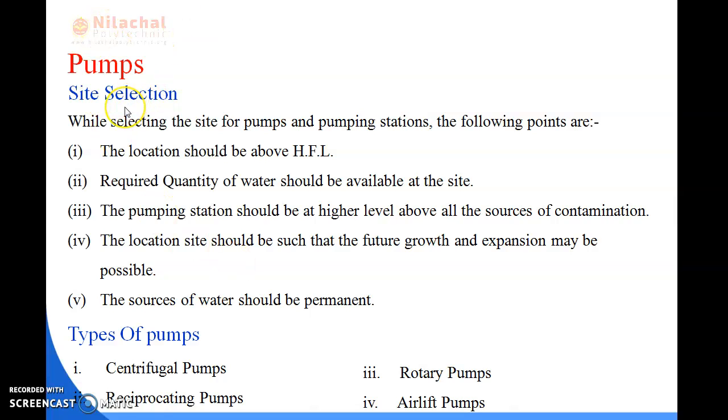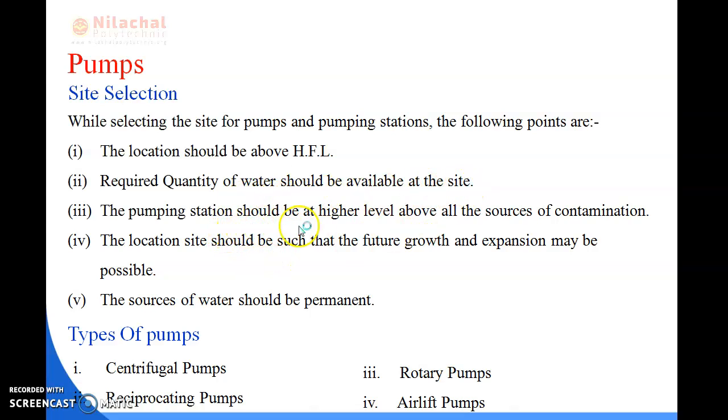While selecting the site for the pumps or the pumping stations, the following points should be remembered. The location should be above the HFL, and the required quantity of water should be available at the site.